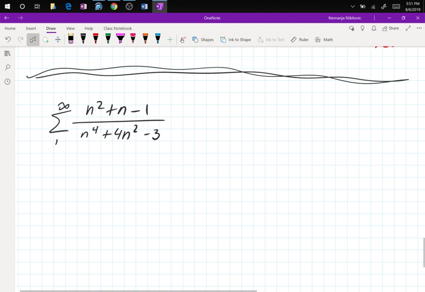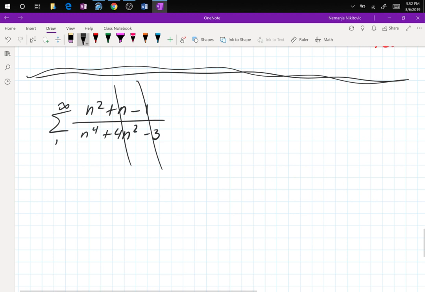Now, when you look at this, what is the order of the entire problem? If you were to simplify using bad algebra, what would you get? Using bad algebra means ignore all of the lesser terms.